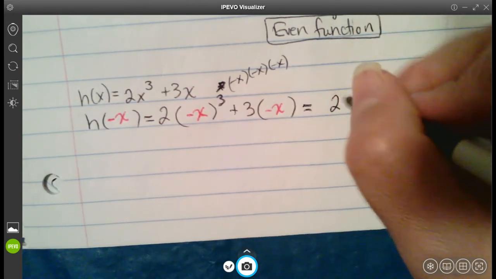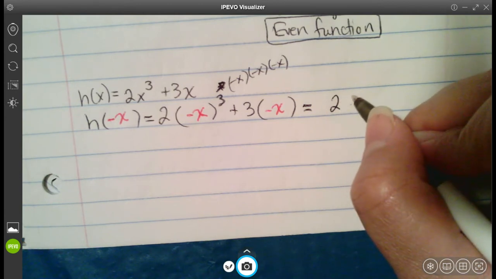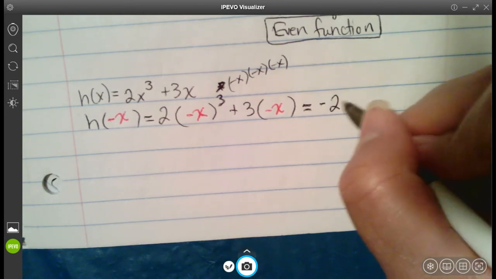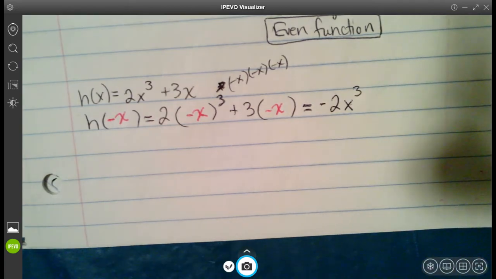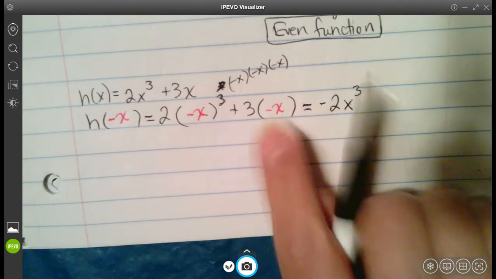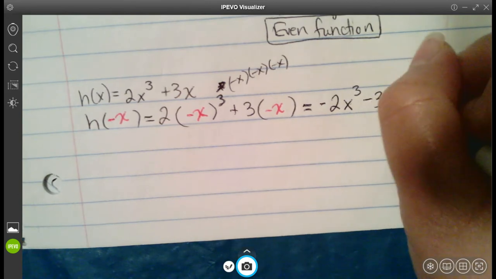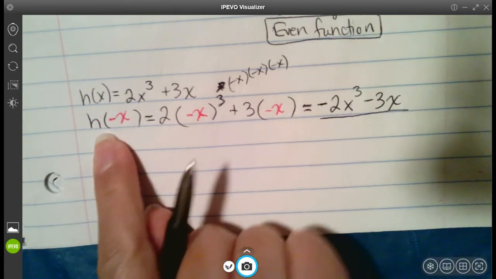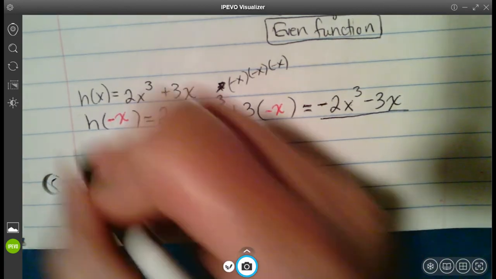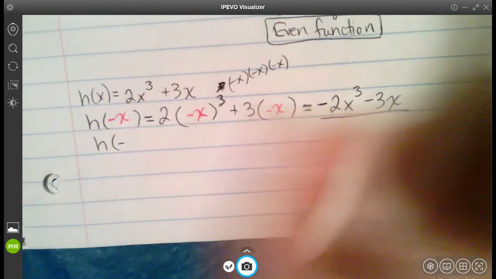But usually we don't put 2 negative x, we put the negative in the front. So we're going to put the negative right here, and there's my x cubed. Okay? Right here we have 3 times negative x, so that's going to be minus 3x. So there is that function. This is h of negative x. Okay?